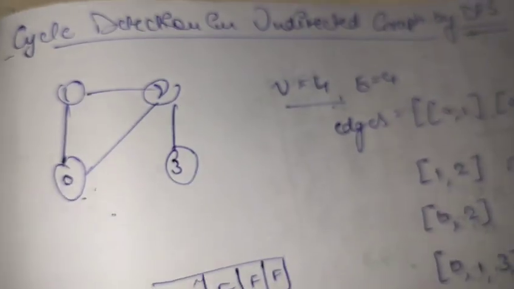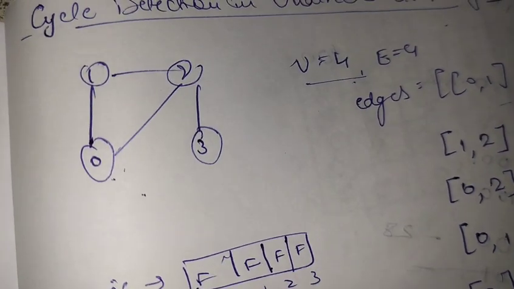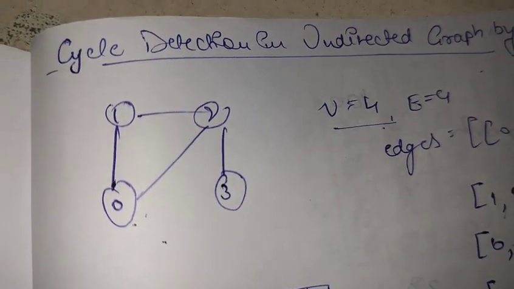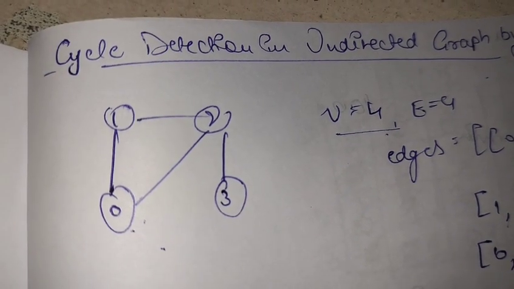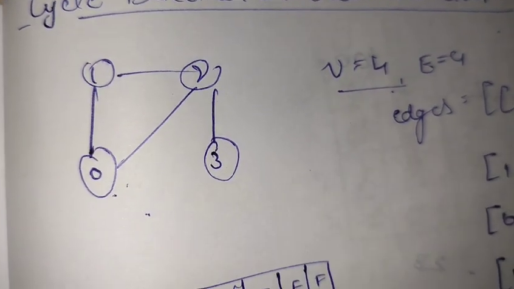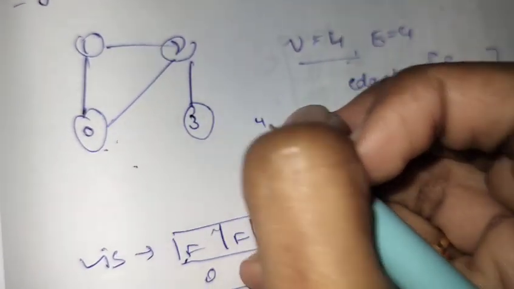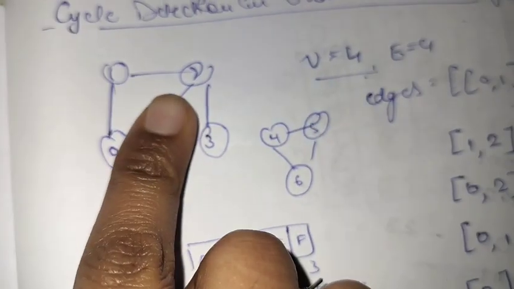Now in this again I'm going to run a for loop, because in the question it is given undirected graph. It has not been given whether all the graphs are connected or disconnected. So to make sure, we are going to consider even if the graph is not connected. For example, the graph is given like this and this line is not there.